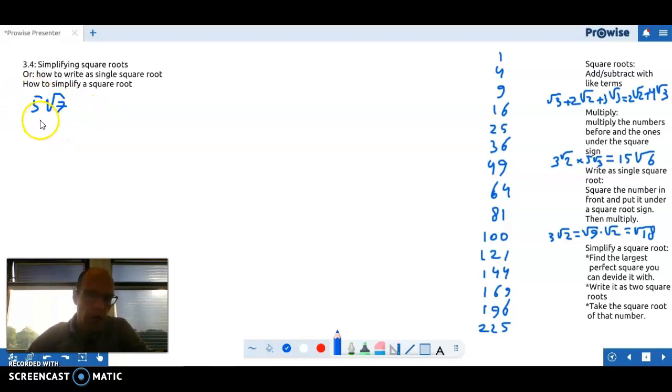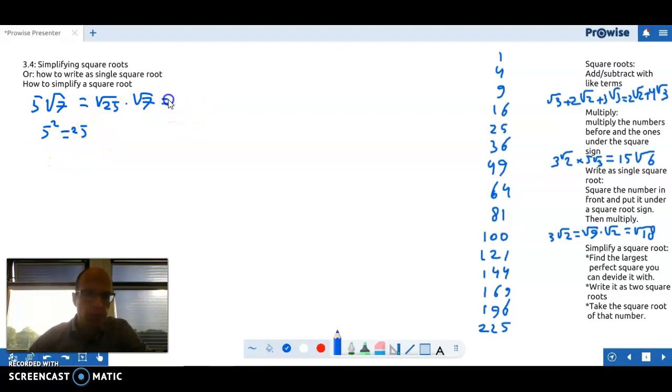So first step, we're going to square 5. 5 squared is 25. So that means that this is equal to the square root of 25 multiplied by the square root of 7. This is something you don't write in between, but you can use it as a reminder.